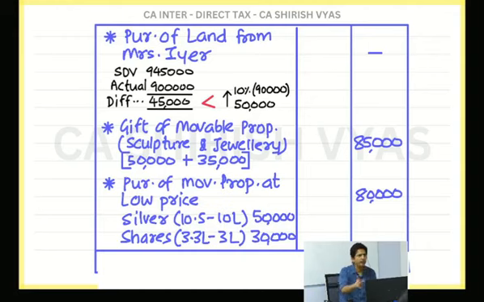The figure should be correct. And I am maintaining one policy. For free items, I am starting the sentence with gift, and for low price items, I am starting the sentence with purchase. So purchase of movable property at low price, then silver and shares.